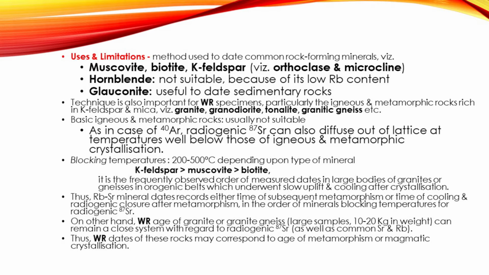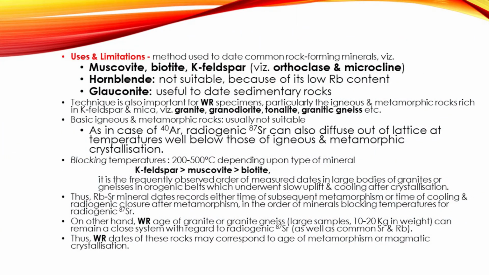The blocking temperatures for diffusion of radiogenic strontium-87 are in the range of 200 to 500 degrees Celsius, depending upon the type of mineral, and it is in the order of potassium feldspar more than muscovite, which is more than biotite. This is the frequent order observed for the measured dates in large bodies of granites or gneisses in orogenic belts of the world, which underwent slow uplift or cooling after crystallization.